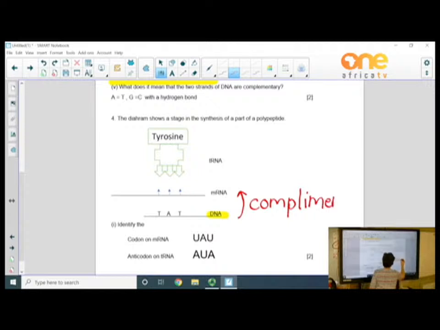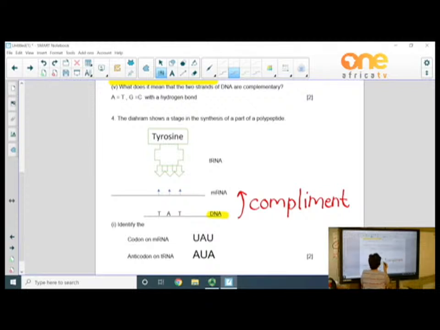That means the T of the DNA cannot link with a T. That is not complementary. They cannot link. They do not fit into one another. So the T will become U in the RNA.